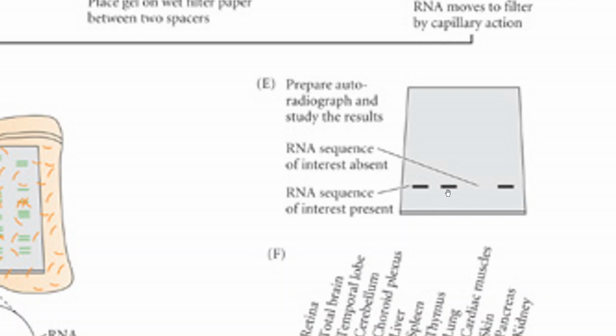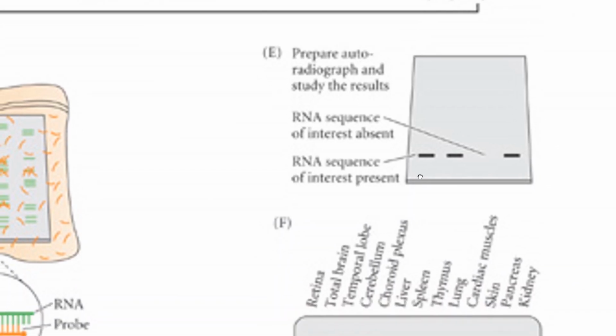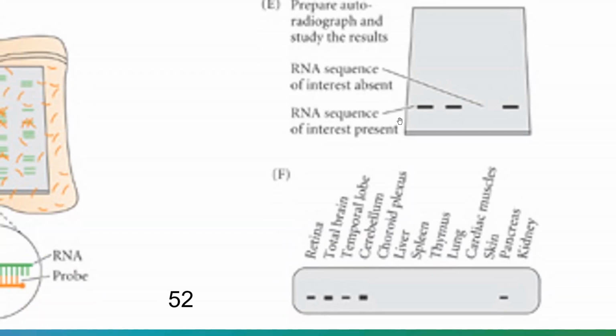Great. So that's two. There is another piece of information that we can learn from northern blotting, and that is how much RNA is there in the sample, or how much the gene is expressed.